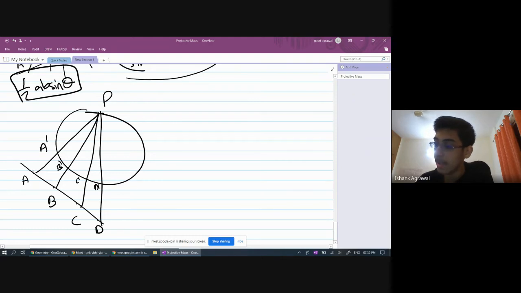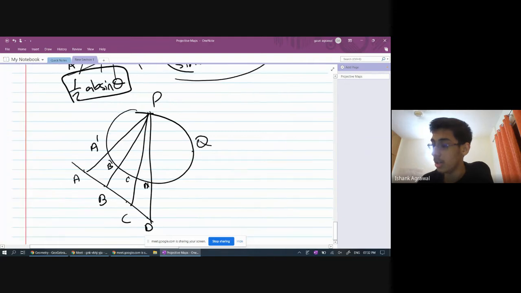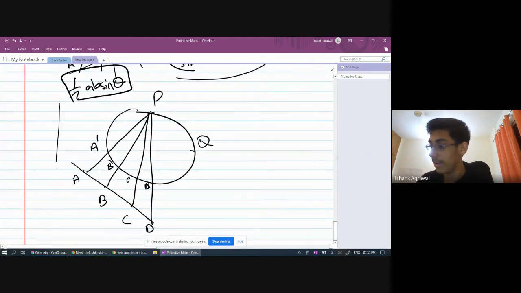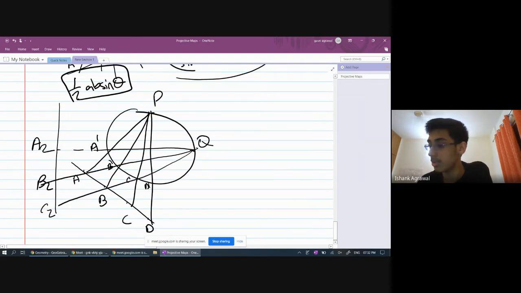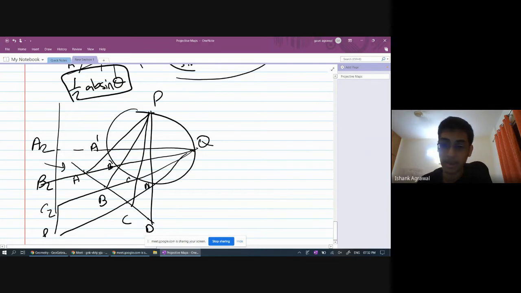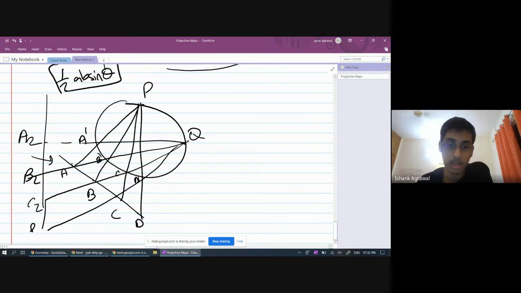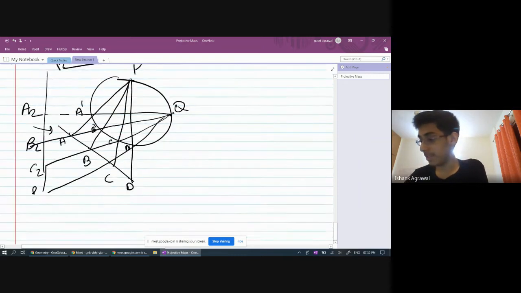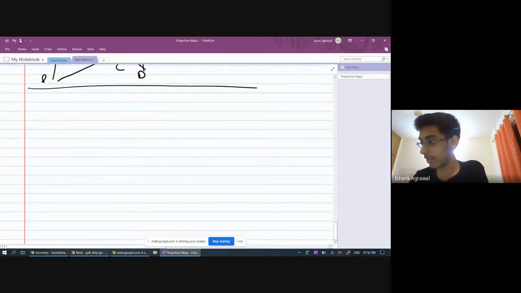Take another point Q and let those new intersections be A2, B2, C2, and D2, then this is a projective map. Wait, actually, I got a little ahead of myself. I'm so sorry. I'm going to actually backtrack for a second.